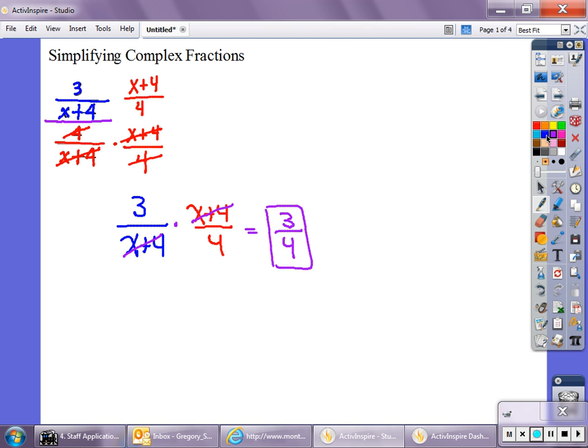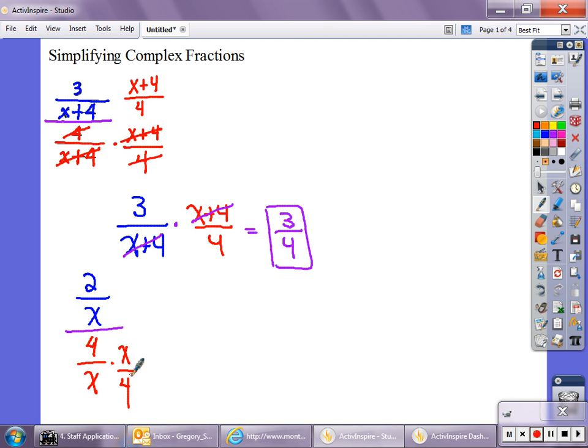So for example, we'll do another one here and we'll just write it down. Suppose I had, let's just say 2 over x. Then we're going to divide that by 4 over x. Well, we want to get rid of this fraction in the denominator, so I multiply by its reciprocal in the bottom, x over 4.